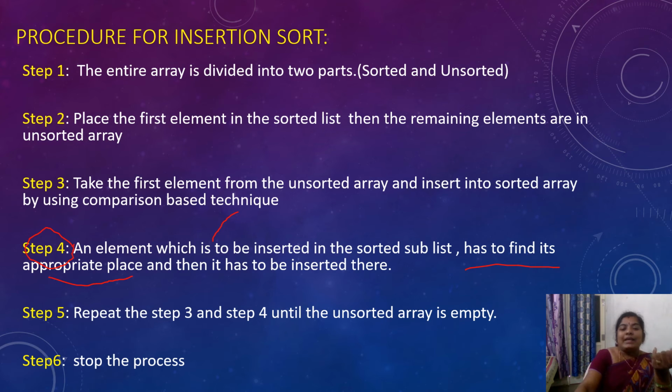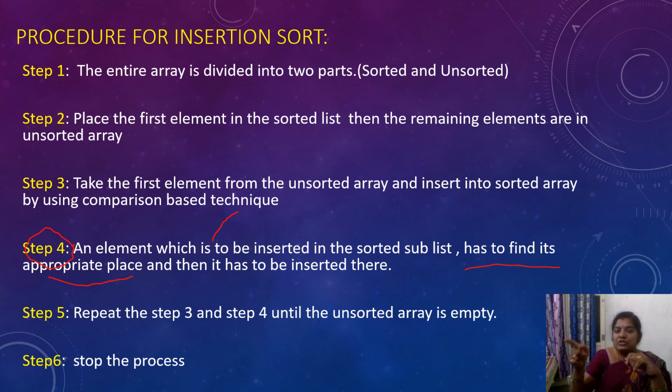Next, we repeat that process for the next element of the unsorted list. The first element is moved to the sorted list. What is the next element in the unsorted list? The next element is also moved to the sorted list, and again we place it in the appropriate position.